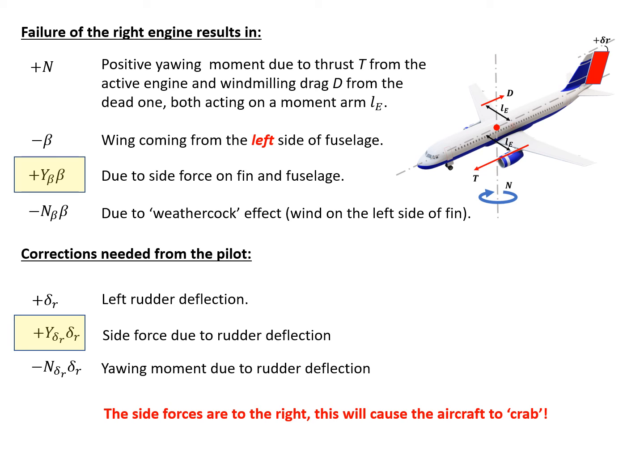Then we have a question. The side forces are to the right, both side forces, and these forces will cause the aircraft to crab. So the aircraft won't follow the right track. Is that right? So what will the pilot do? That's the question.